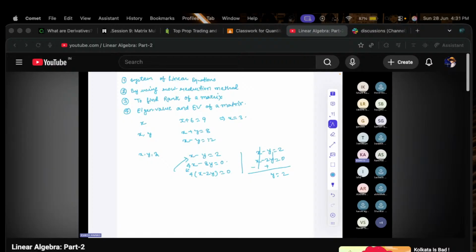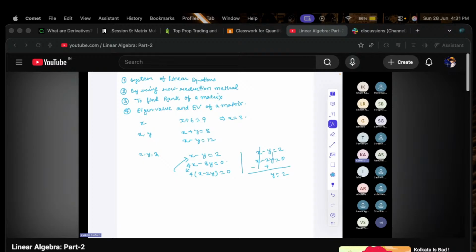So let's say here we have x minus y equals 2, and then 4x minus 8y equals 0. What we can do here, he excluded 4, then this would be x minus 2y, and this is x minus y equals 2, and x minus 2y equals 0.